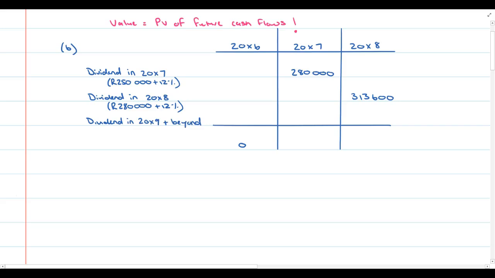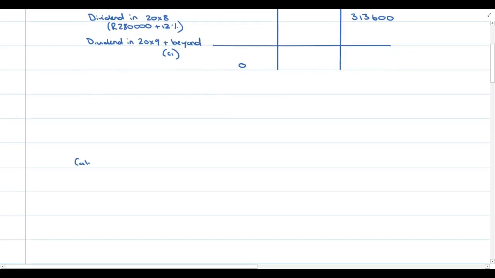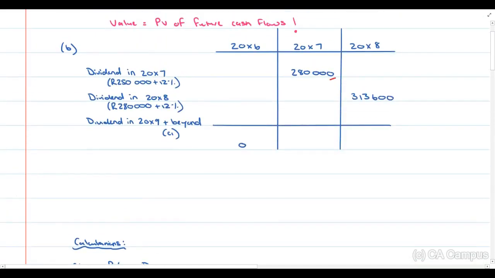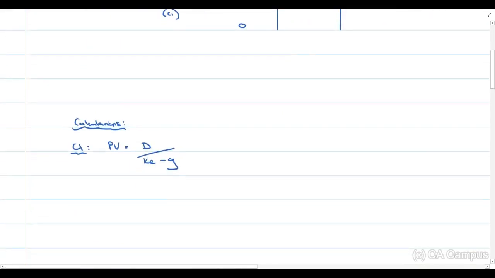Right, so I'm just going to perform a separate calculation over here because I haven't left myself enough space. All right, so the present value is the future expected dividend divided by the cost of equity less growth. So what dividend are we including in the calculation over here? Guys, we have already separately dealt with the dividend for 20x7 and the dividend for 20x8. So the next dividend is the dividend for 20x9. So how are we going to calculate the dividend for 20x9?